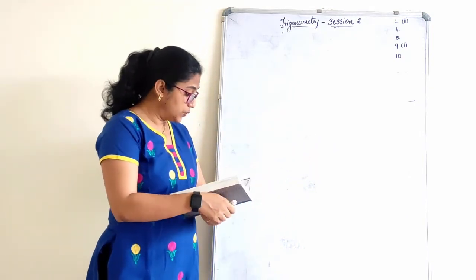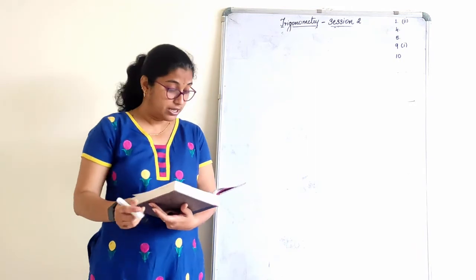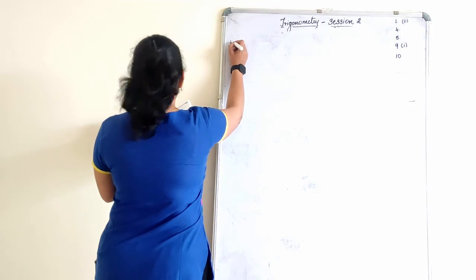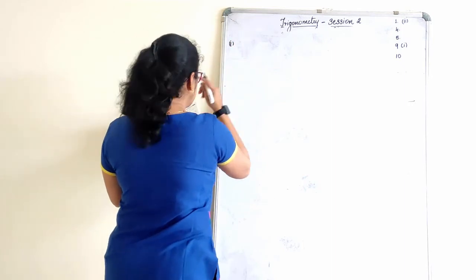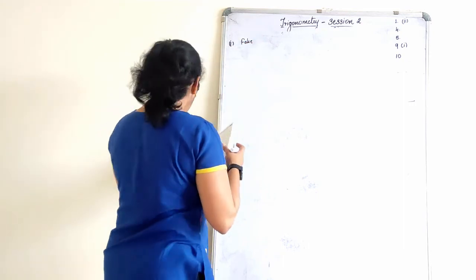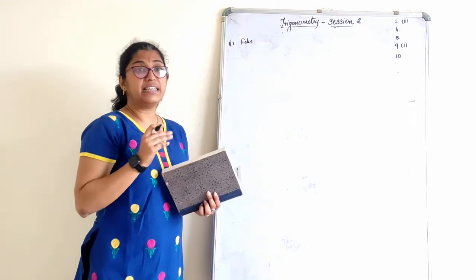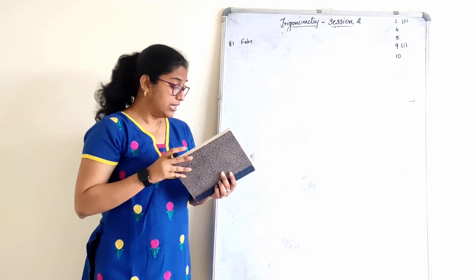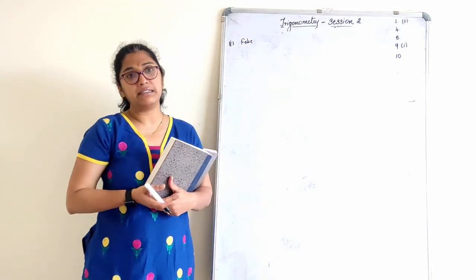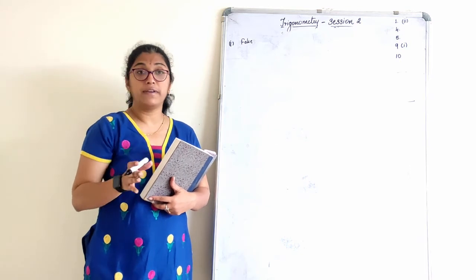State whether the following are true or false and justify your answer. The value of tan A is always less than 1. Answer is false. Why? What is tan A? Tan A is opposite by adjacent. Now opposite by adjacent can be less than 1, can be greater than 1. It need not be always less than 1.